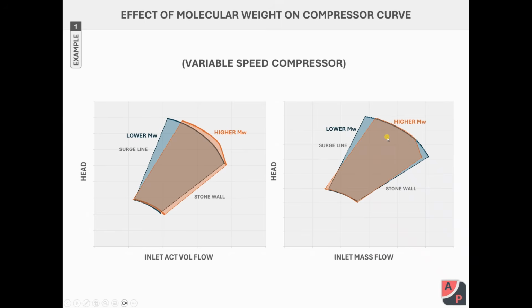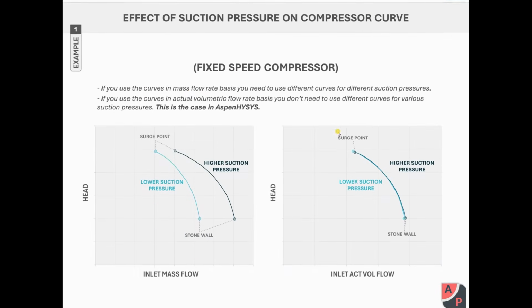But for the mass flow, the difference is not that visible, but still you can see that the surge line has a similar trend. So when we are plotting surge for both actual volumetric flow and mass flow rate, the higher molecular weight case should be the base for surge control.